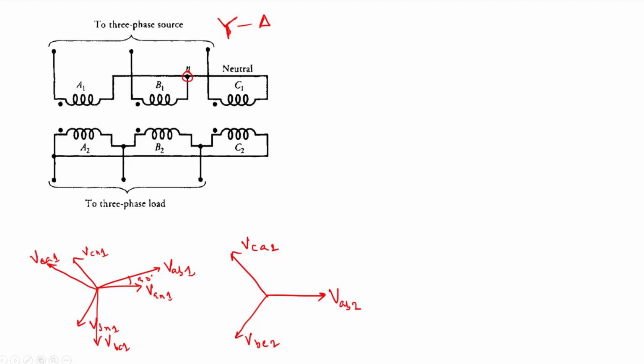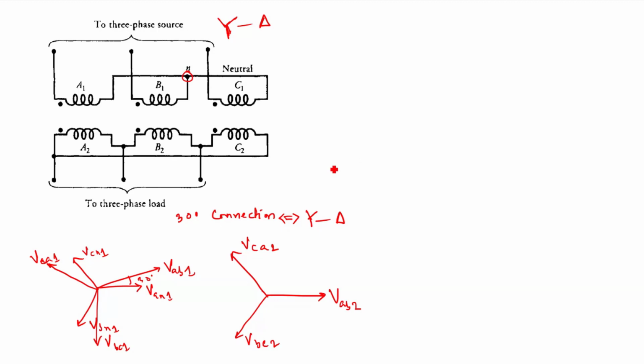That means your primary side nominal voltage is leading the secondary side nominal voltage by 30 degree. So therefore we call it a 30 degree connection, right? Star delta connection is a 30 degree connection.